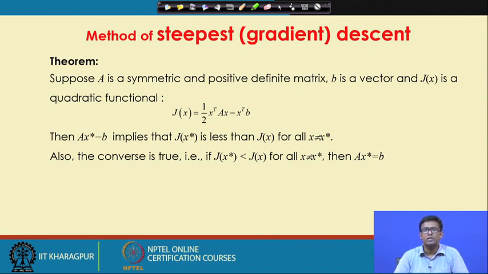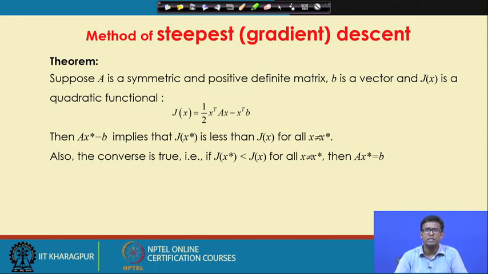This quadratic function is defined as J(x) equals half x transpose Ax minus x transpose b. If we define this function J(x), then Ax star equal to b will imply that J(x star) is less than J(x) for all x which is not equal to x star.